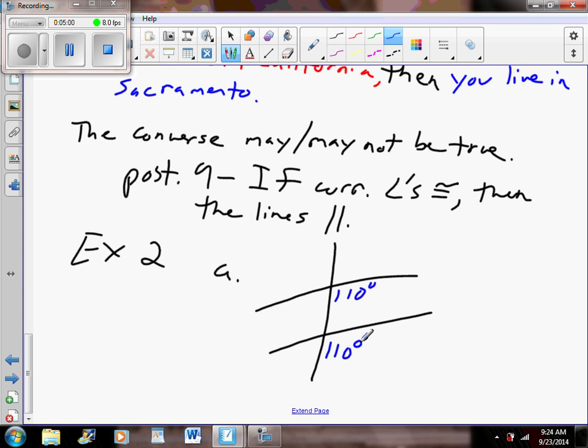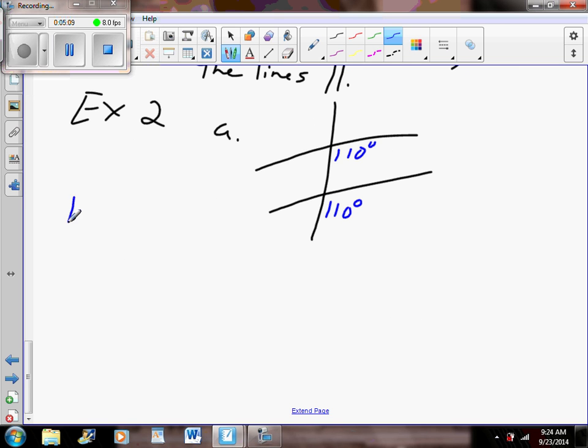The alternate interior angles converse. Theorem 3.8 says that if the alternate interior angles are congruent, the lines are parallel. Okay, this is the alternate interior angles converse.